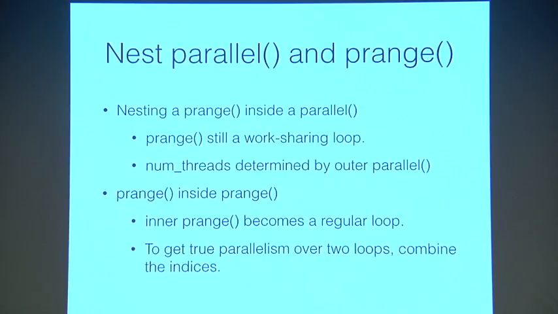So you might concatenate them into a long list of paired indices and then loop over them in a single p-range. You probably don't have to worry about this so much. If it comes up, ask questions. But it's good to know that if you do it by default, you don't get that parallelism at the bottom. That's the case also if you're working in C. This is not a limitation of Cython.